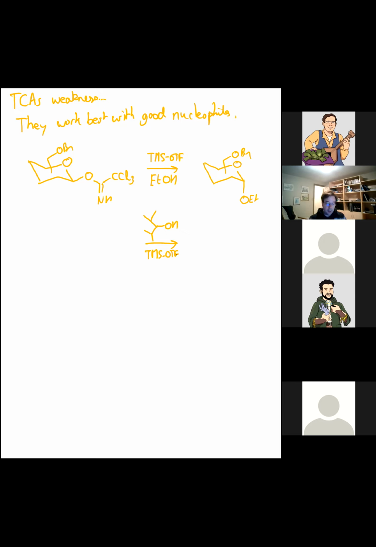But the TCAs are a lot more selective because of what we get when we make the oxocarbenium, or the not oxocarbenium, or what we have floating around. We make this. Not an awful nucleophile.